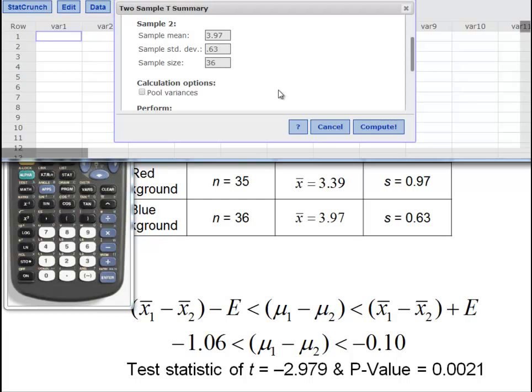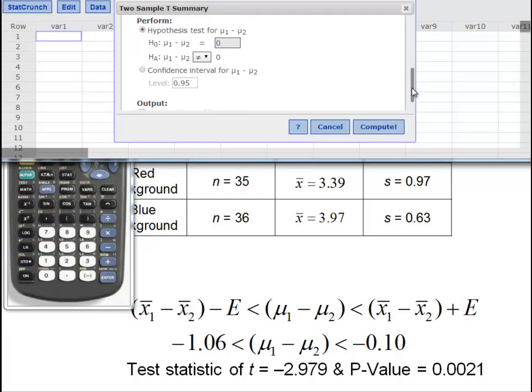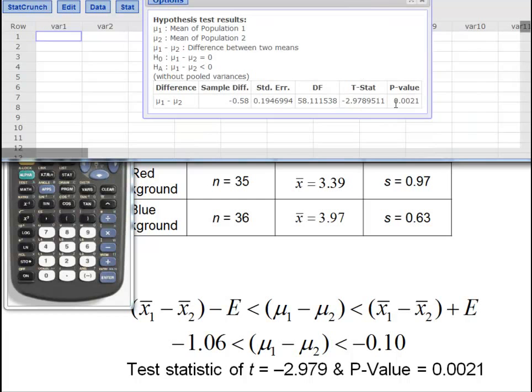Here you want to not pool, so untick that so you're not pooling your variances. Our hypothesis test in general is that we think the two means are equal. Here we're checking that the first group is less than the second group. Compute that. There is the same t-statistic and p-value that we got before.